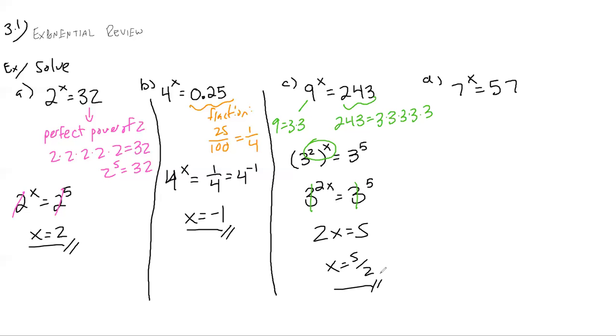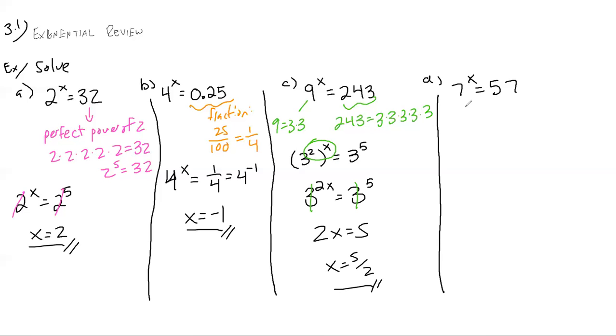And so if you've been keeping score, every single time here, I've been able to rewrite the numbers as powers of something that has to do with the exponential part of the equation. That's obviously not always going to be the case. Not every number is a power of smaller numbers. So for example, on the right, we've got 7 to the x equals 57. 7 cannot be broken down into smaller powers. 7 is a prime.